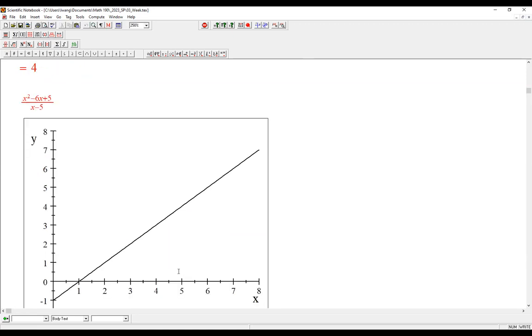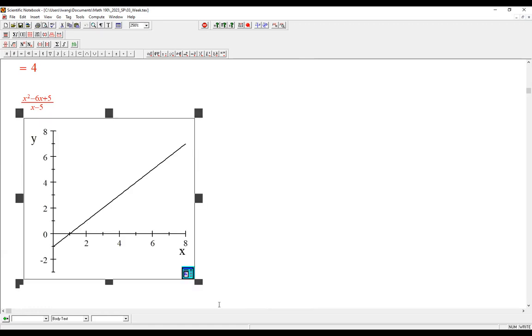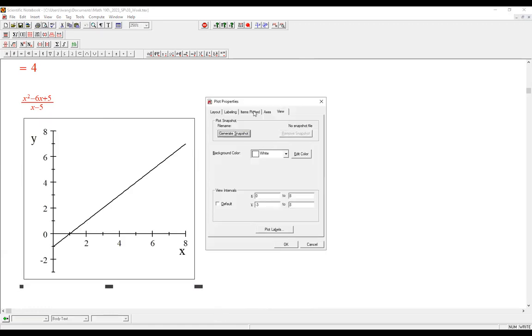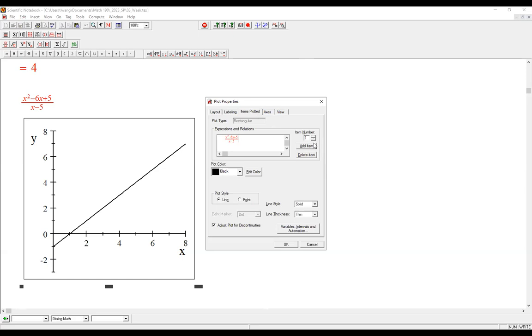But then you say, hey, there's no dot. Well, we're going to put a dot there, because the software is not perfect. The software has done the reduction for us, so we'll have to put the dots there. So I'm going to put a circle there.